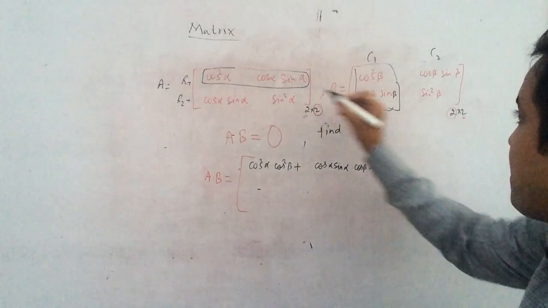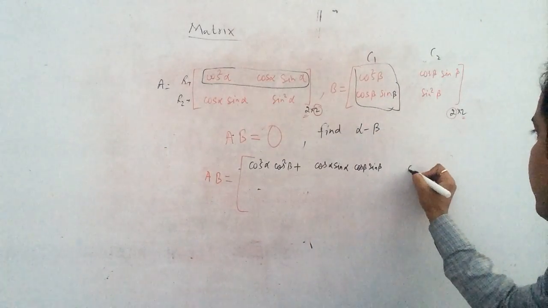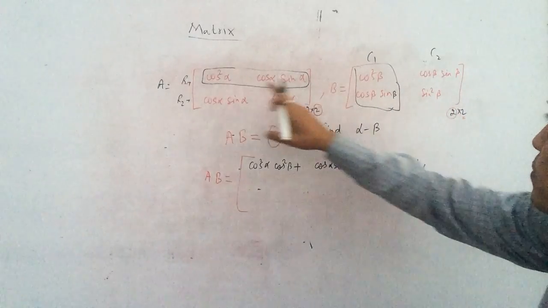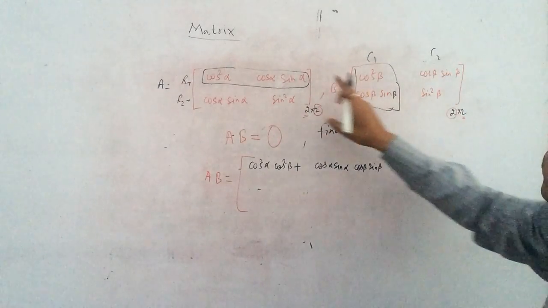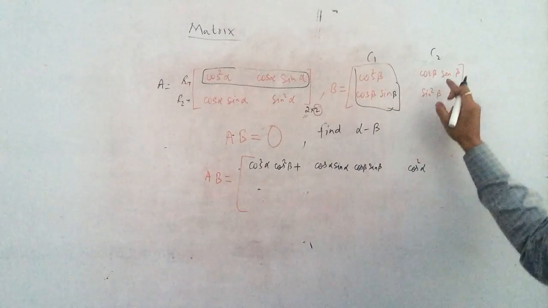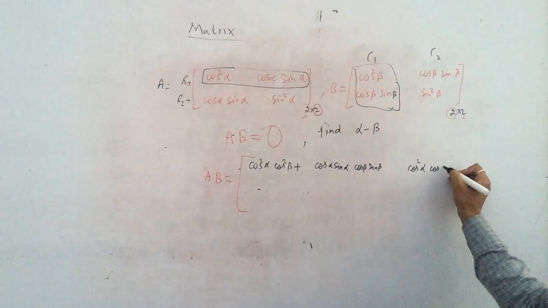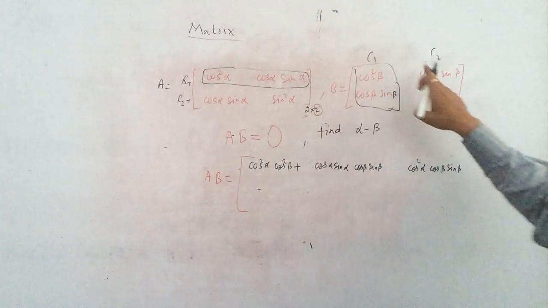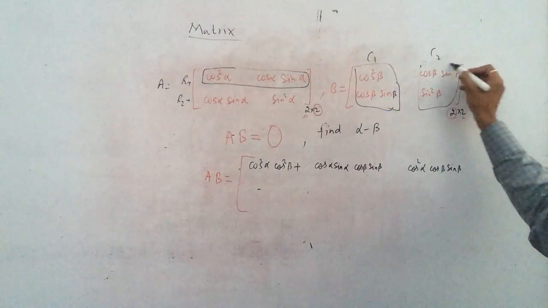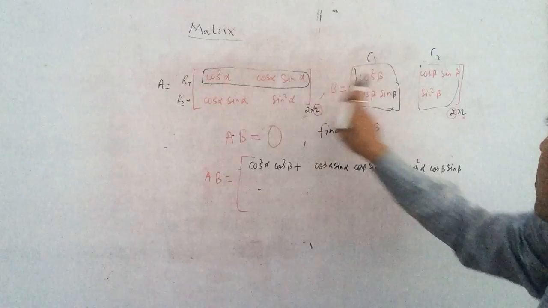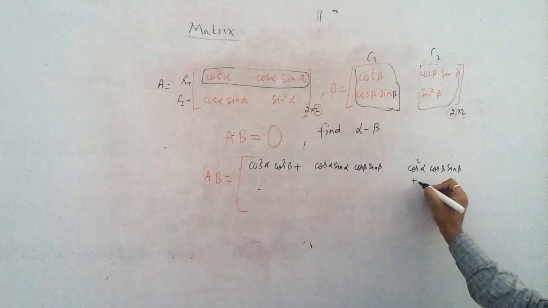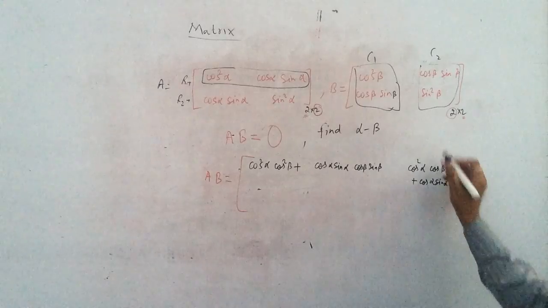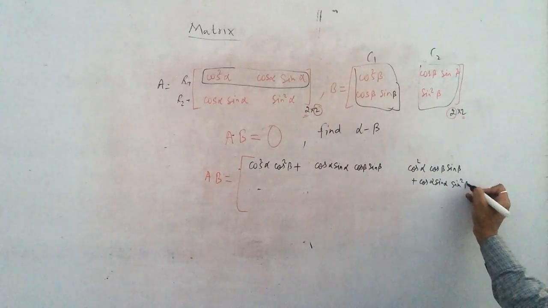So cos square alpha, row 1 and column second: cos square alpha, cos beta sin beta, plus cos alpha sin square beta.